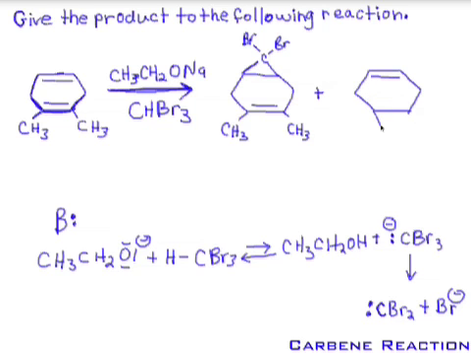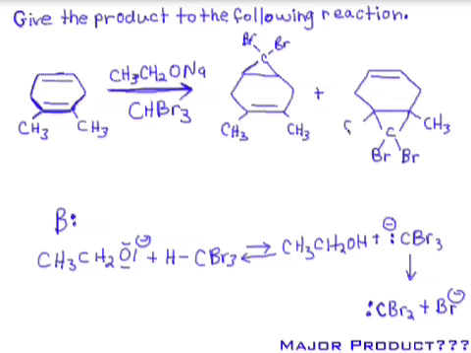If it does, I get this. Now the question is, can you tell which is going to be major in this reaction? And the answer is this alkene. Why is this one major?